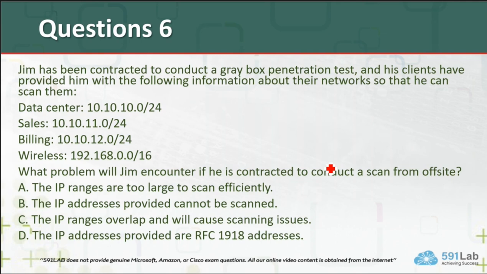What problem will Jim encounter if he is contracted to conduct a scan from offsite? A. The IP ranges are too large to scan efficiently. B. The IP addresses provided cannot be scanned. C. The IP ranges overlap and will cause scanning issues. Or D. The IP addresses provided are RFC 1918 addresses.